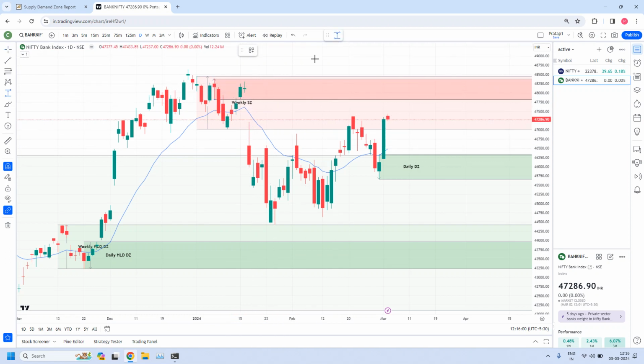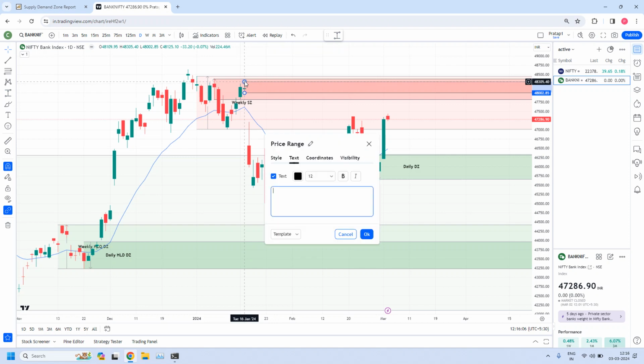And this is the LOTL concept. This is LOTL. This is a daily high liquidity supply zone.